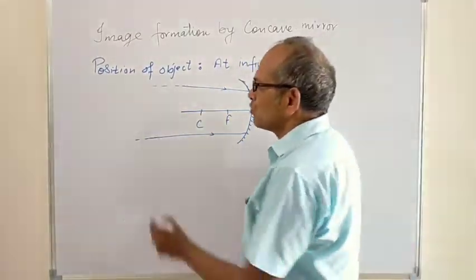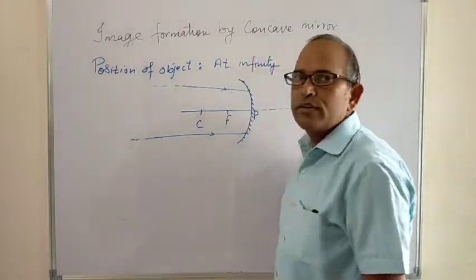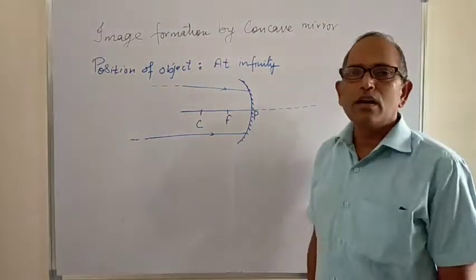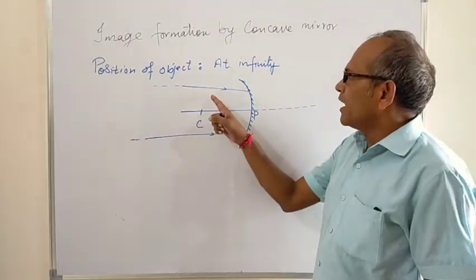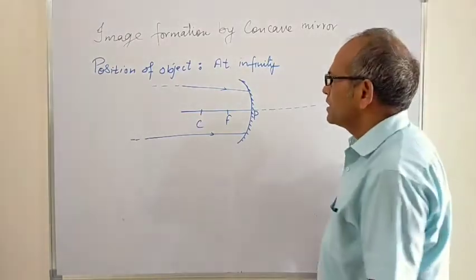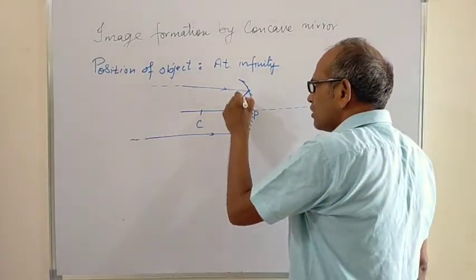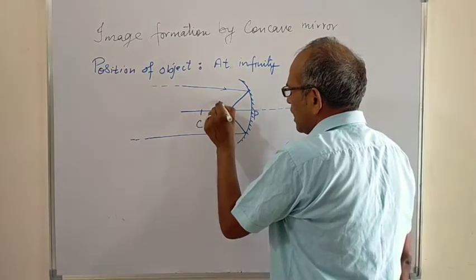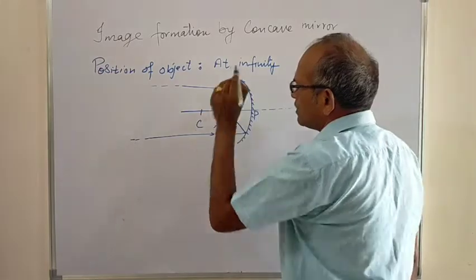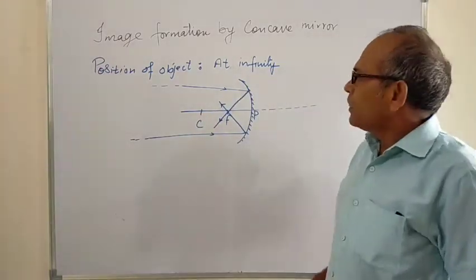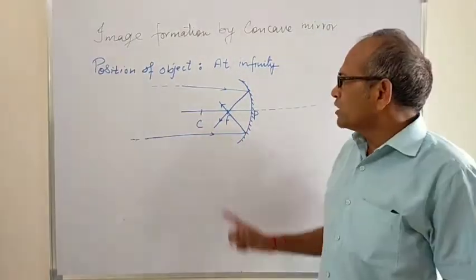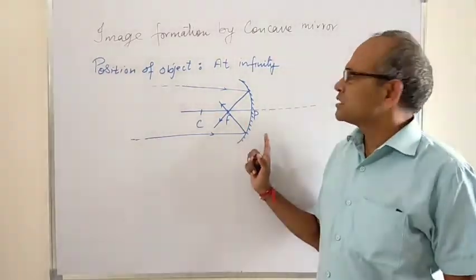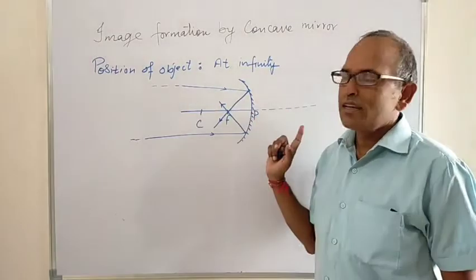Now according to our first rule of reflection of light from the surface of a concave mirror, if the ray of light is parallel to the principal axis, then after reflection it passes through the focus. And the point where these two rays of light intersect each other is the image point. So students, you can see that the image is being formed at the focus when the object is at infinity.